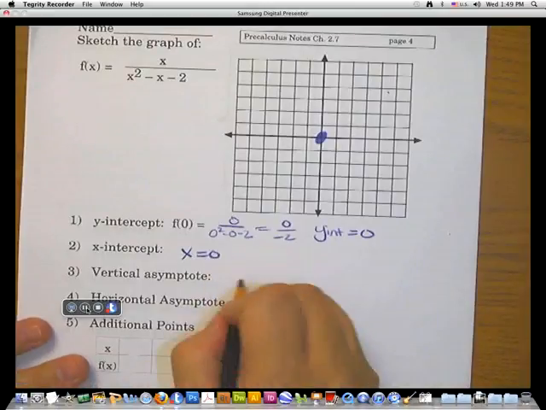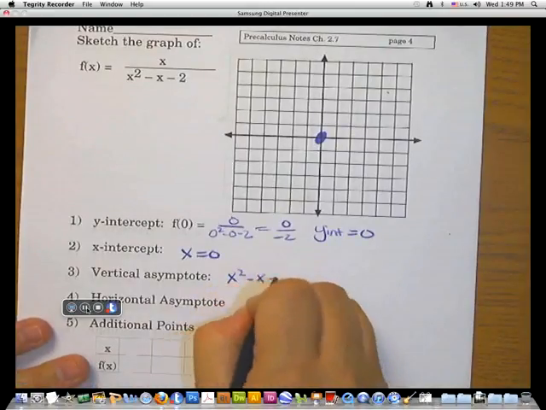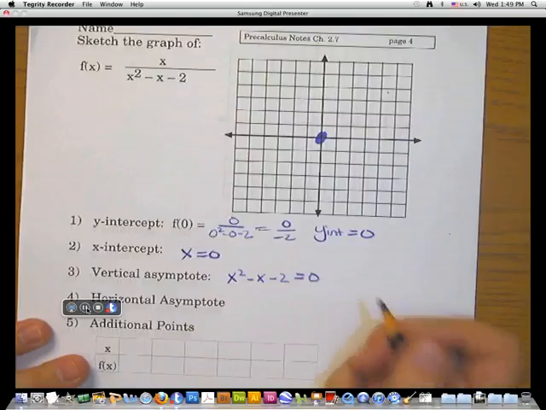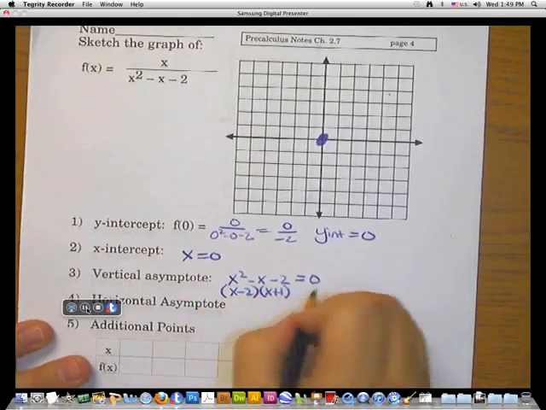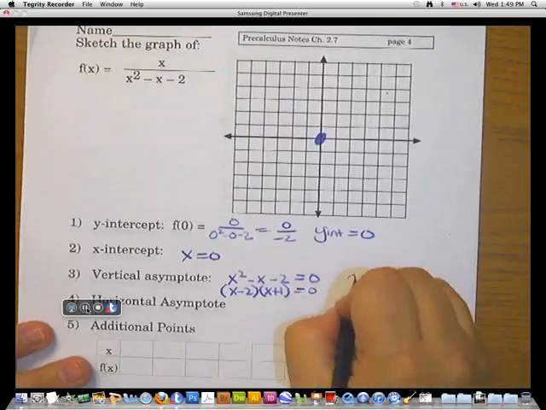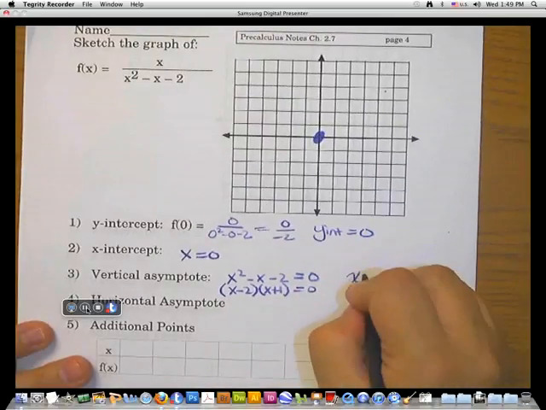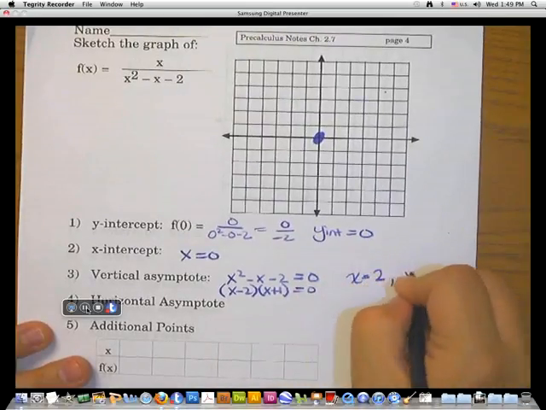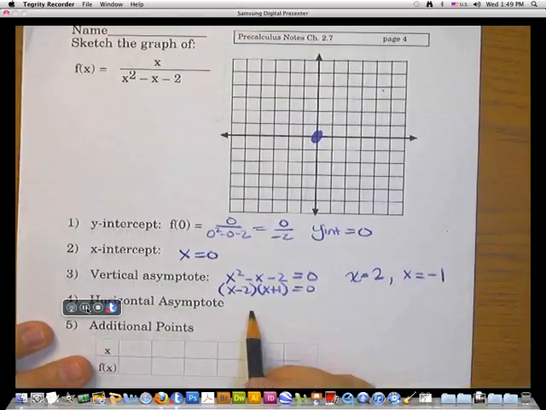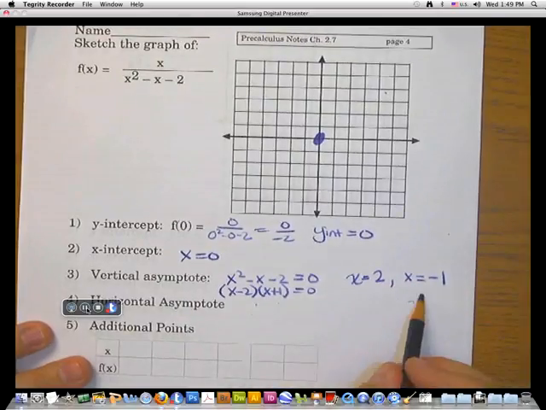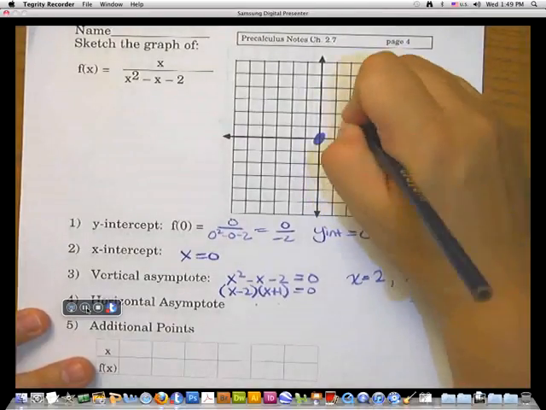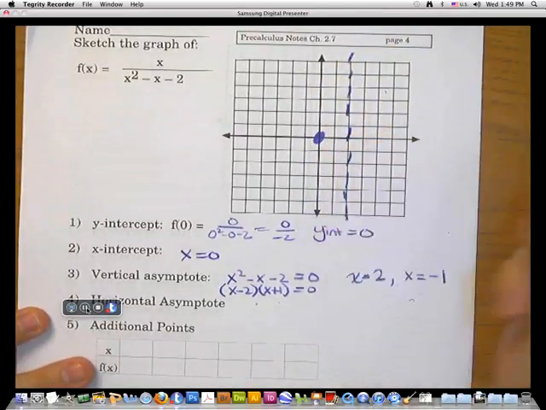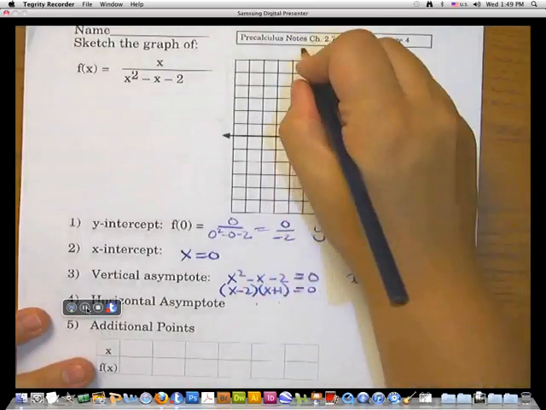The vertical asymptote is the denominator equal to 0, so I can factor. So the vertical asymptotes are going to be at 2 and -1. We're going to have 2 vertical asymptotes at 2 and -1.